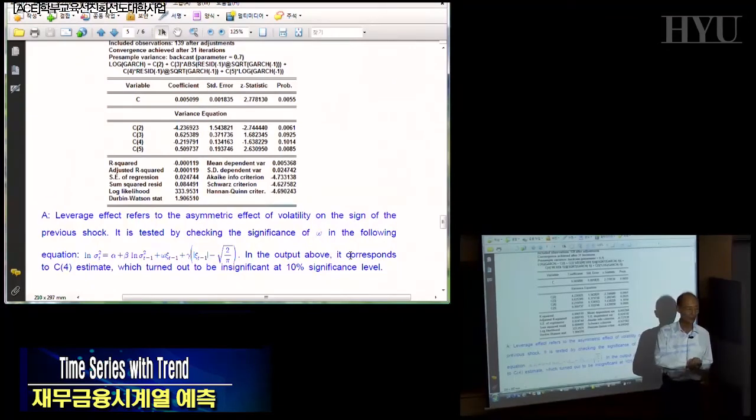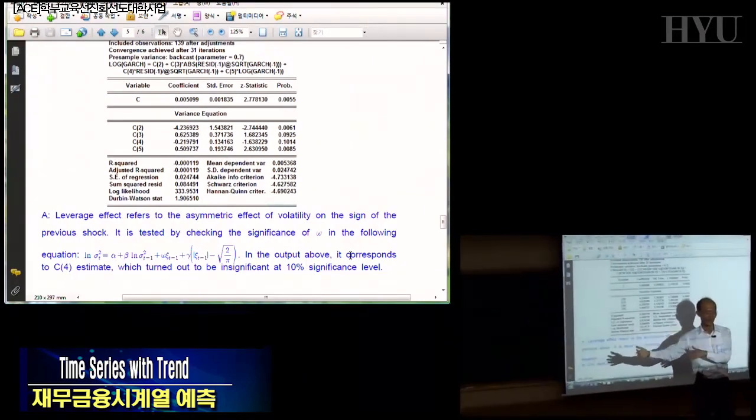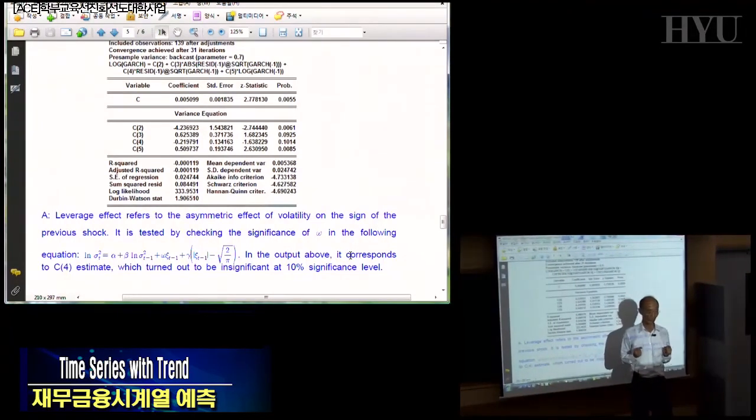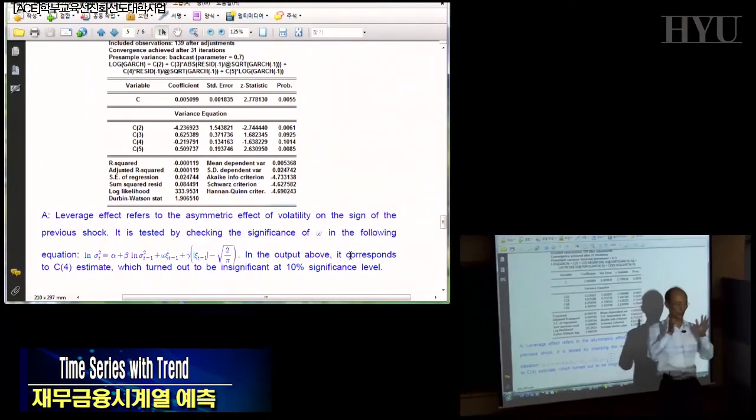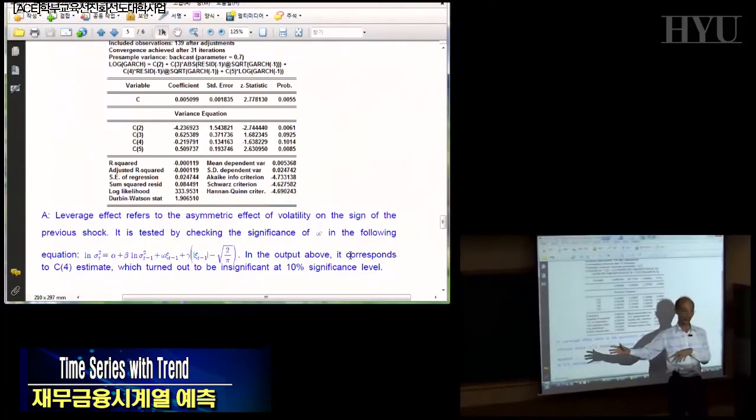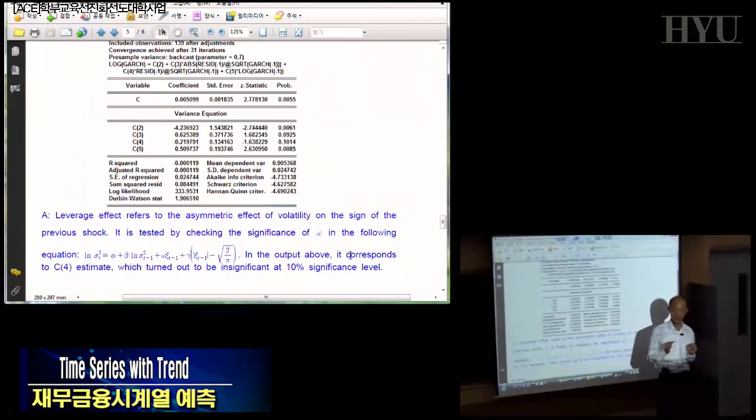By leverage effect, we mean people tend to behave or respond differently depending upon the nature of a shock. If it's a negative shock, people tend to be more nervous, responding more nervously, so volatility increases. But if it is a positive shock or good news, then people may respond less, right?